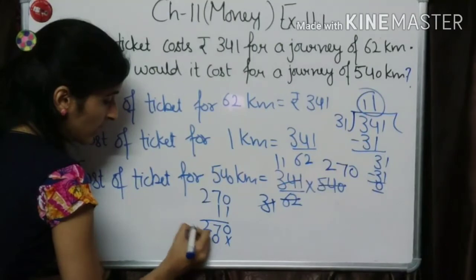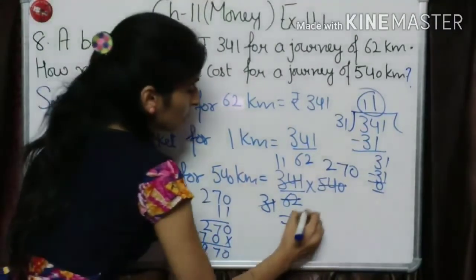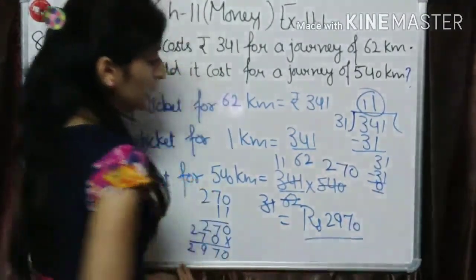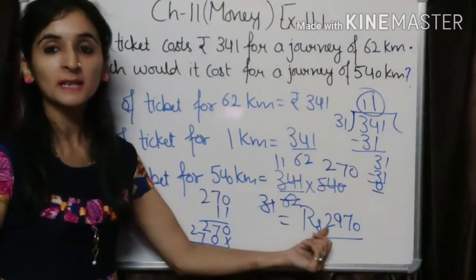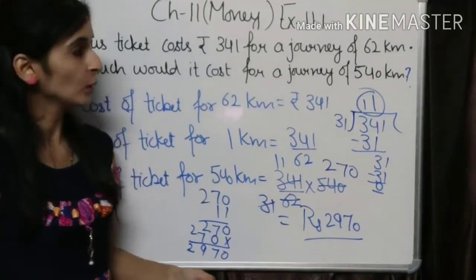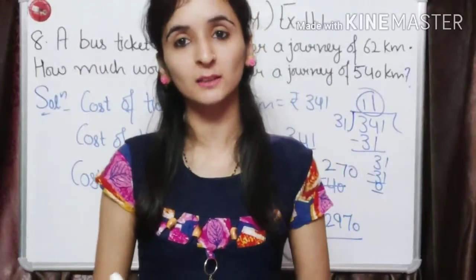Again 0, 7, 2. And that is equal to rupees 2970. When we multiply this 270 by 11, we get rupees 2970. Right? So, in all the questions of this exercise, we have to follow this method only.